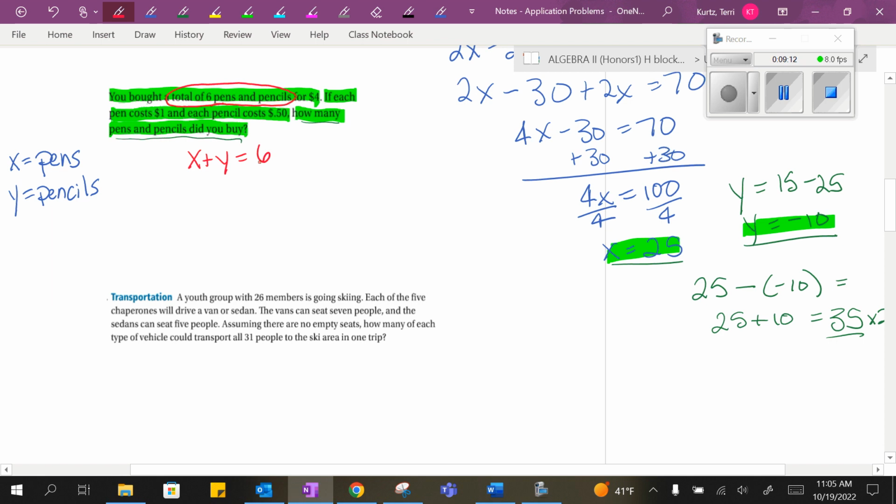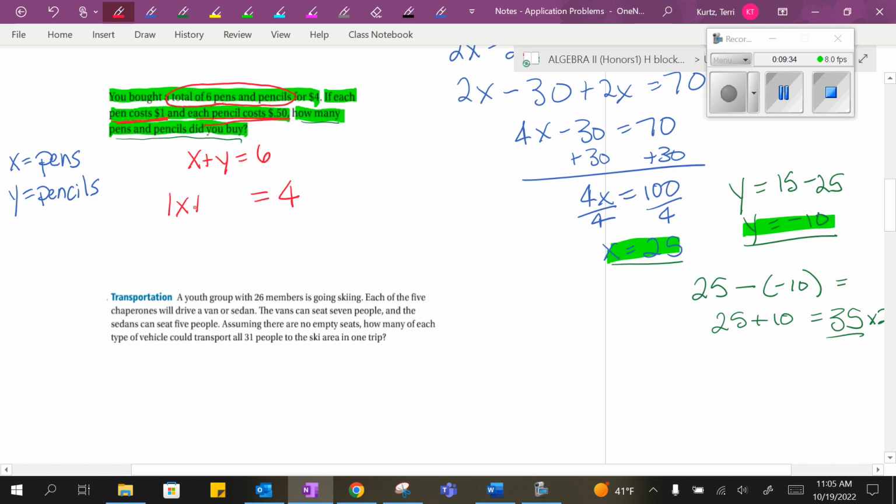Okay. Now it says I spent $4 on those. So my next equation is going to be all about the money. And I know that they cost a total of $4. Each pen cost $1. So I'm going to say $1 times x, meaning $1 times however many pens I bought. And each pencil costs 50 cents.